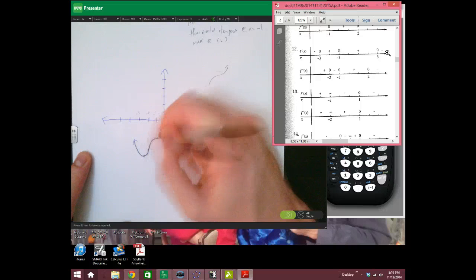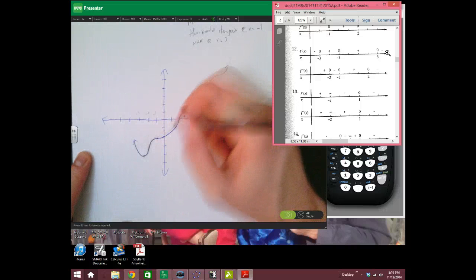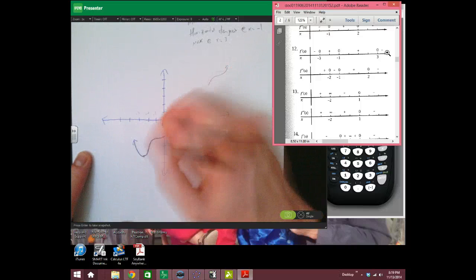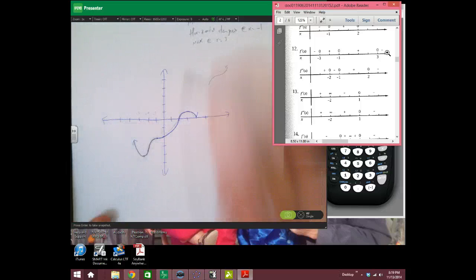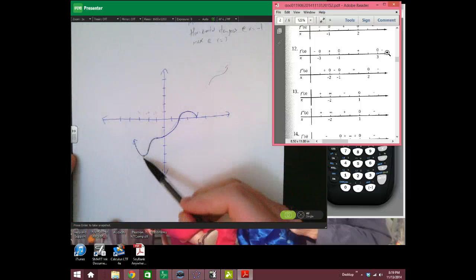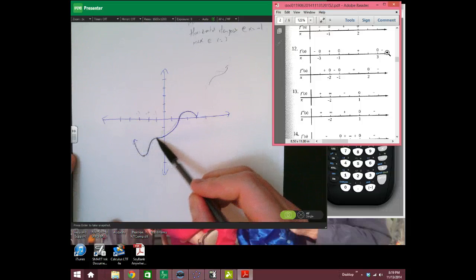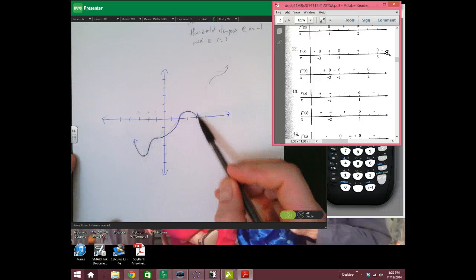Again, for your homework, just make it look somewhat neat. I have the luxury of multiple years of doing this. So: minimum, concave up, concave down, back to concave up, back to concave down, maximum.